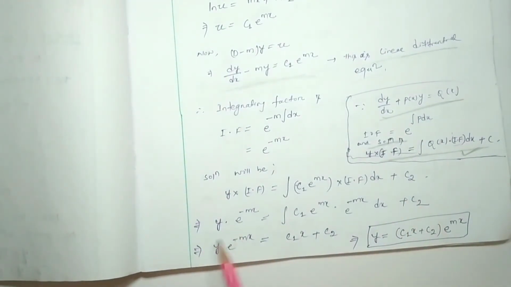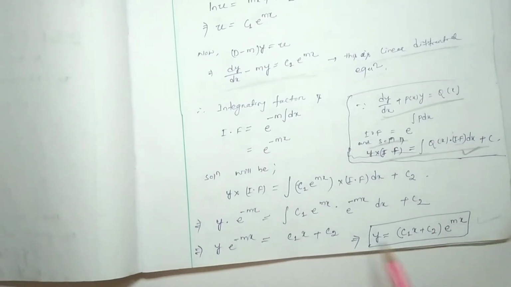That implies y into e to the minus mx is equal to the integration of c1 e to the mx into e to the minus mx dx plus c2. So we found y equal to (c1 x plus c2) into e to the mx. This is the solution if both the roots are equal.